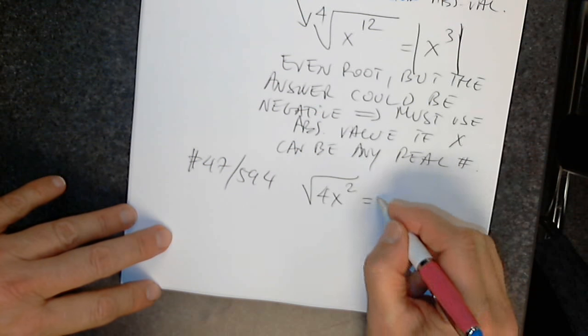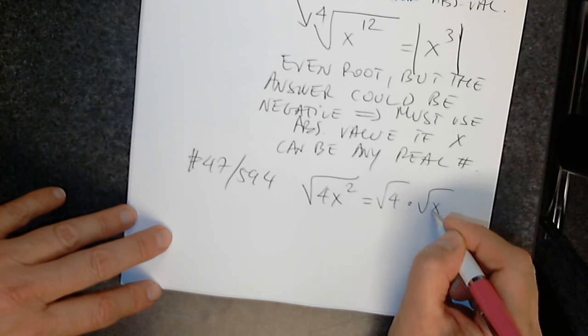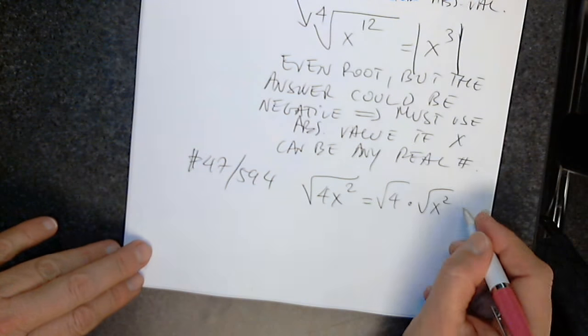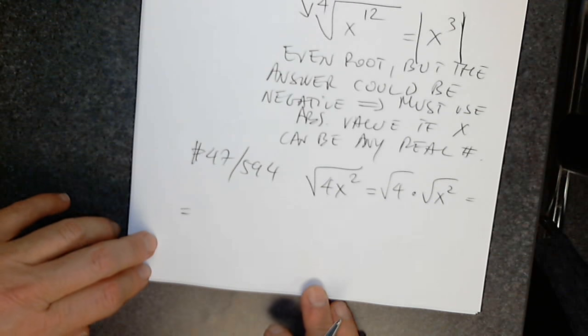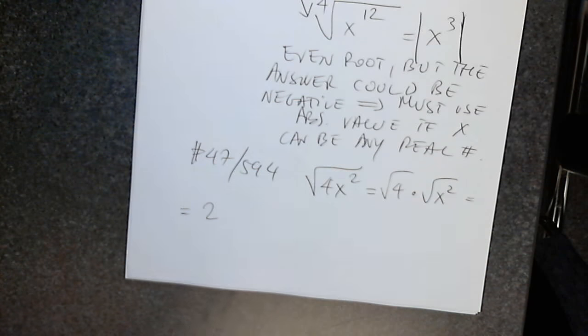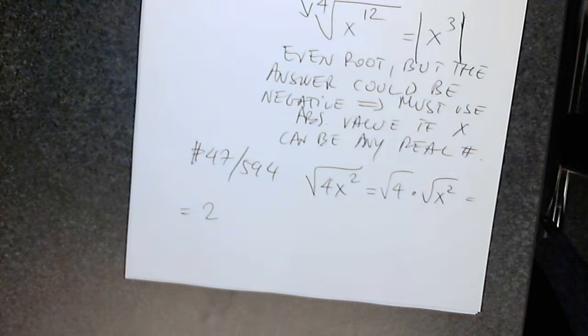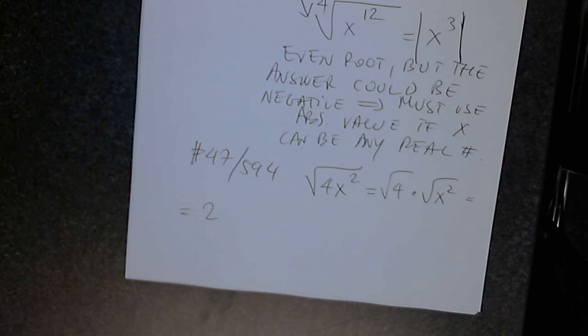So I will split it like I did before. I'm allowed to. And then I'll say the square root of 4 is 2, very good. But now I have to think. I am told that x can be any real number. What do I write as the answer of the square root of x squared?